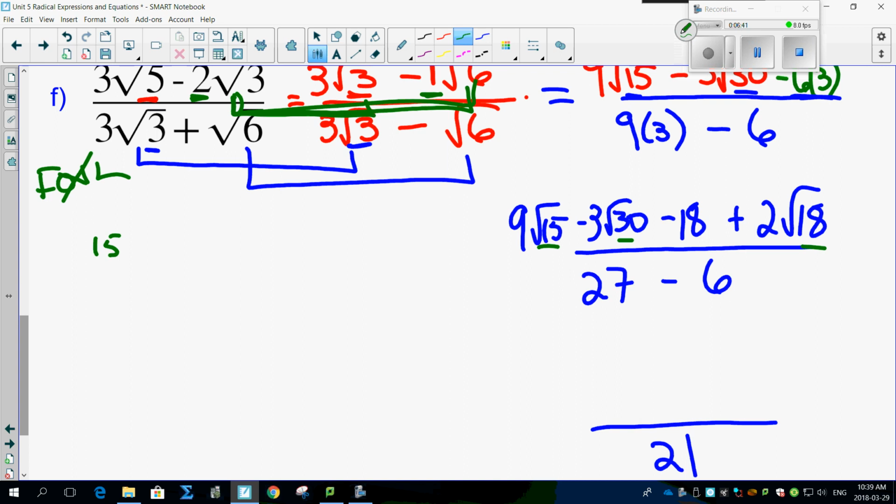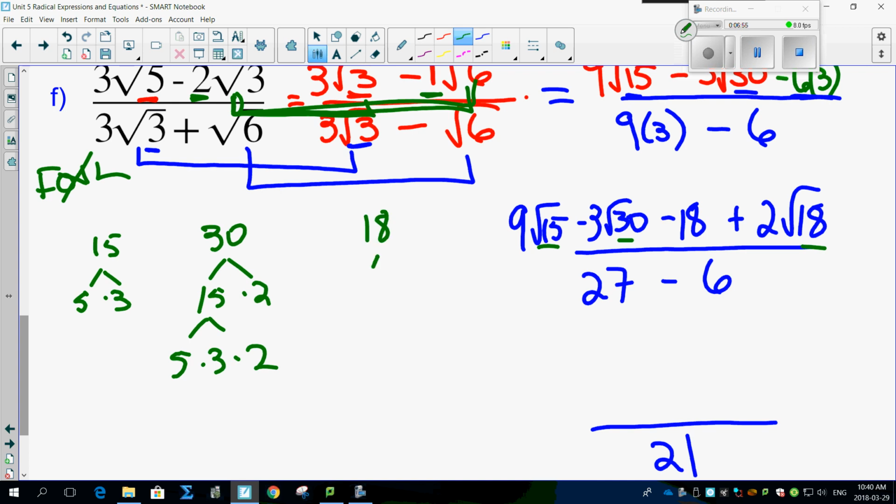Look, 15 breaks down to 5 times 3. You'll never get a pair out of that one. Look at 30. 30 breaks down to 15 times 2, which we know breaks down to 5 times 3 times 2. Guess what? No pairs. And then look at 18. 18, if you think about it, is 9 times 2. Aha, there's 3 times 3 times 2. That one will have a pair.